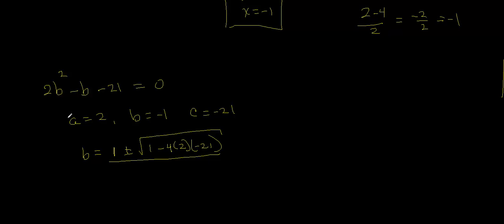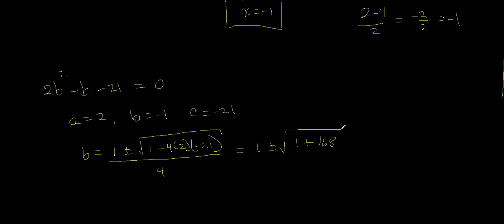Let's clean this up a little bit. 1 plus or minus the square root of 1 plus 4 times 2 is 8, and 8 times 21, let me double check here because sometimes I make errors and we don't want to do that. 8 times 21 gives us 168, which is nice and convenient, all over 4.